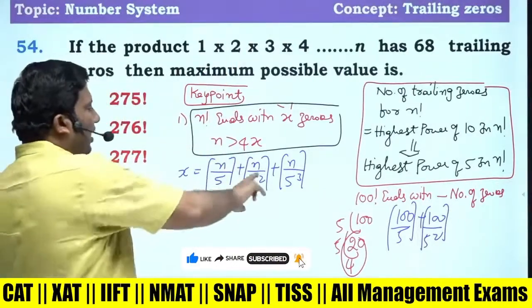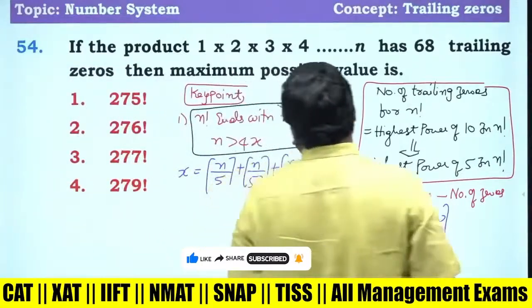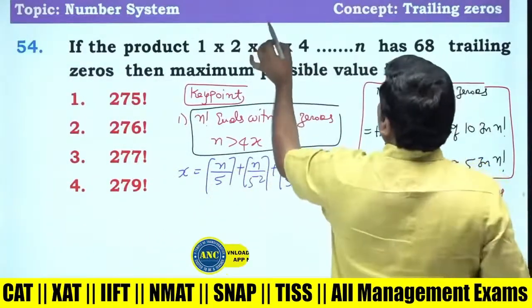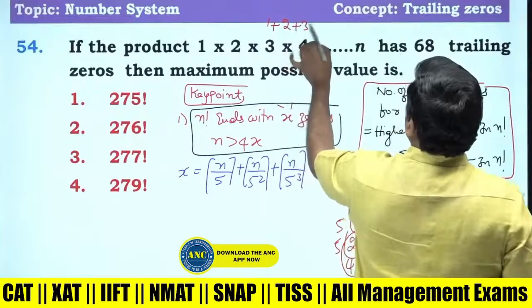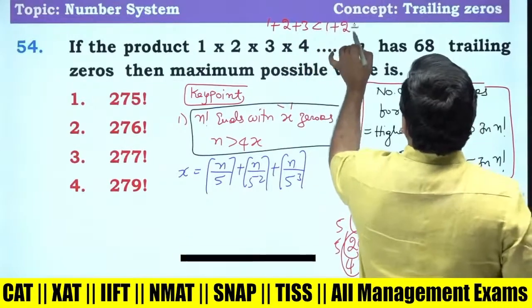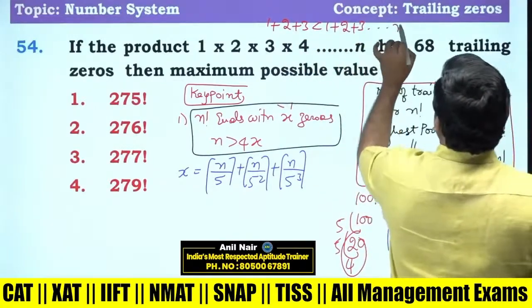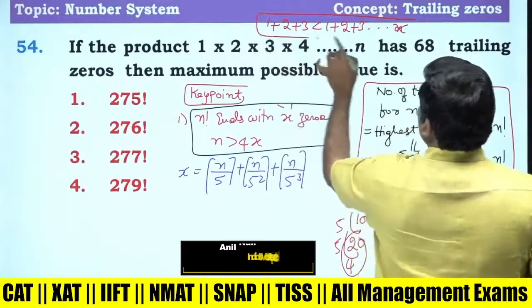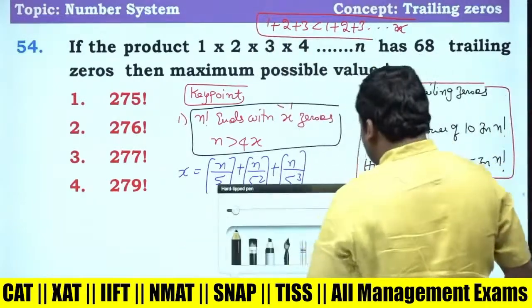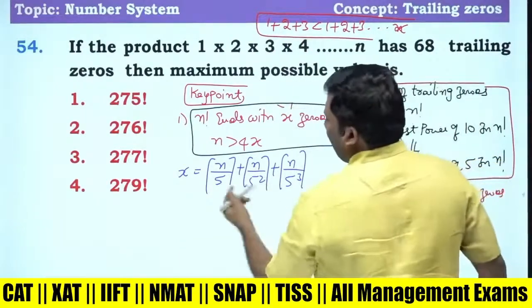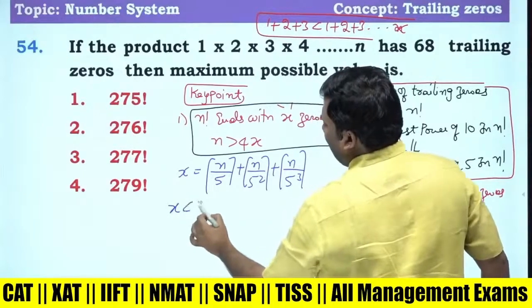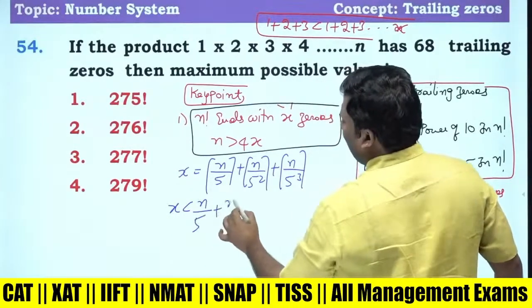So, these values will be stopping at a point. Can I say that 1 plus 2 plus 3 is always less than 1 plus 2 plus 3 and so on up to infinite? So, if I equate this series with an infinite series, this finite series sum is always less than the infinite series.